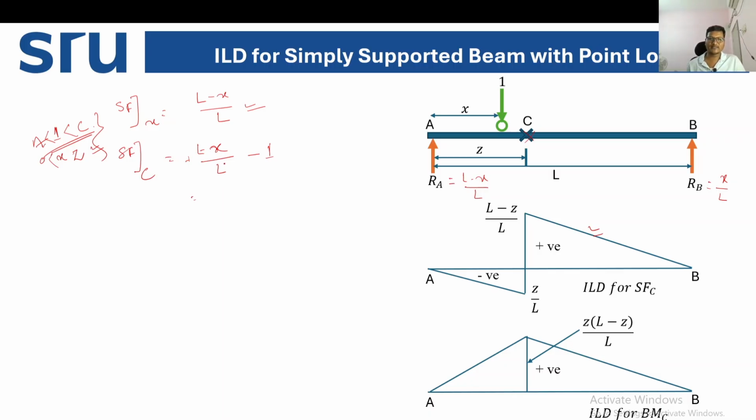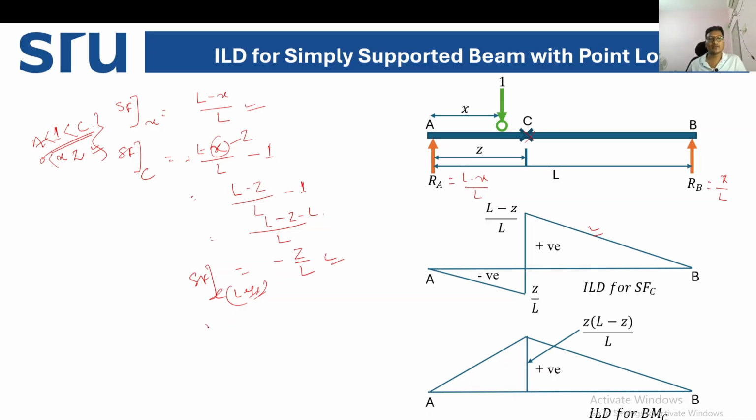Instead of X, we'll write Z, because at C the value of X is Z. So (L minus Z) by L minus 1. So what will this be? L minus Z minus L. So L cancels out, and it will be minus Z by L. So the shear force at C left will be minus Z by L.